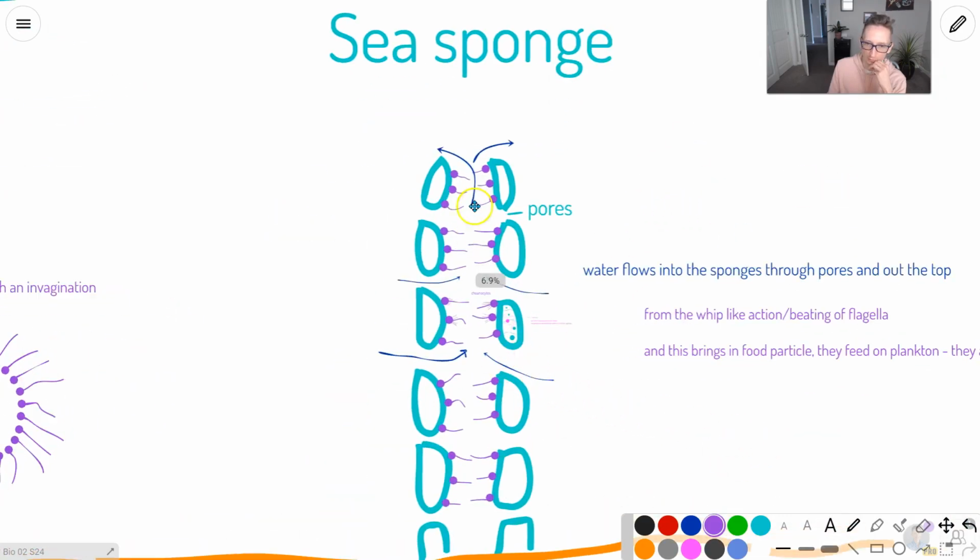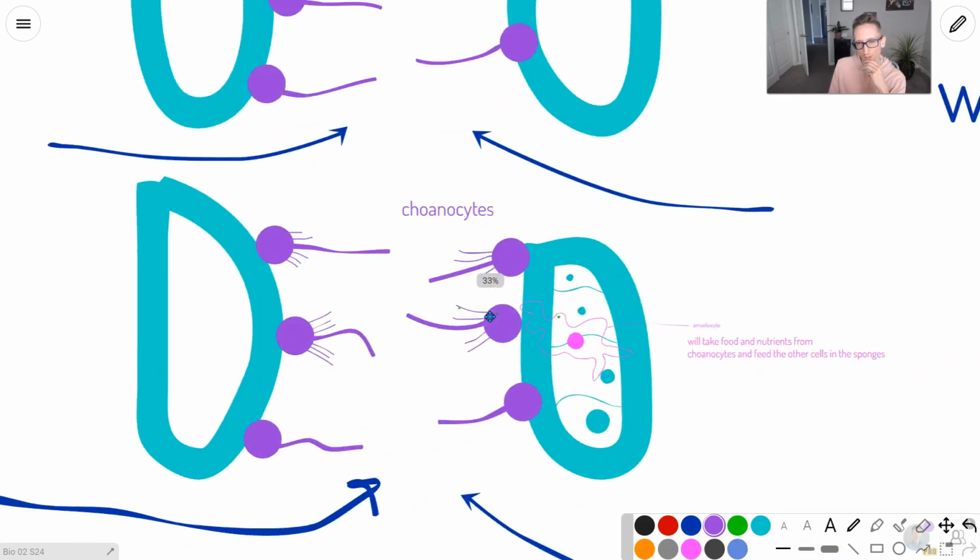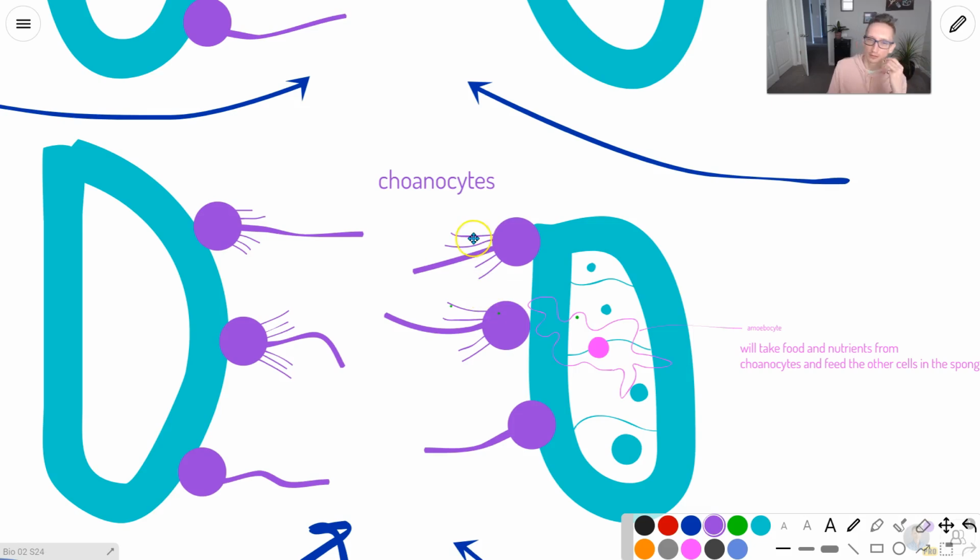So water is being pumped through this sponge because of these little flagella beating. And we actually call the cells within a sponge choanocytes because they evolved from them. Pretty nifty. So that's one cell type inside of a sponge.